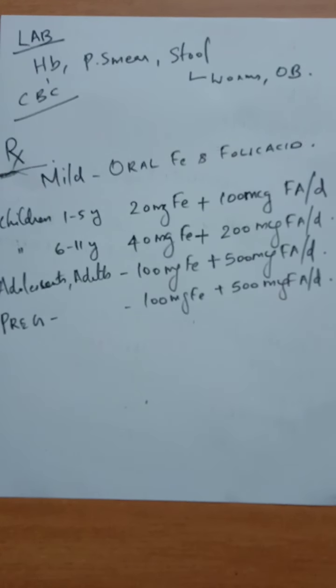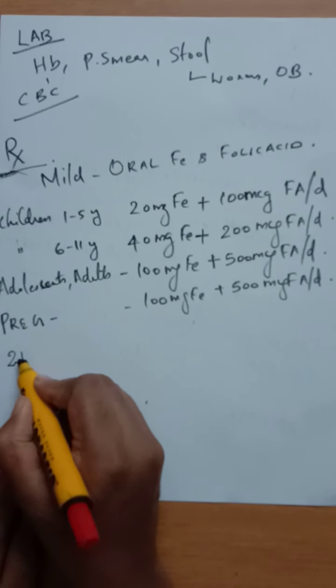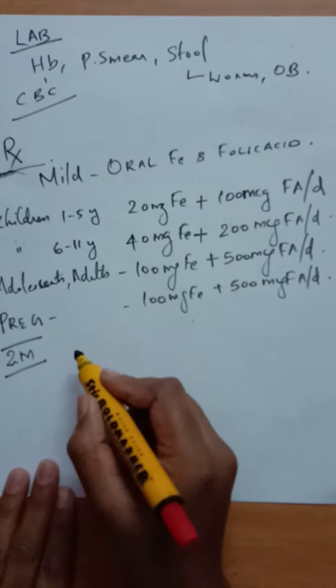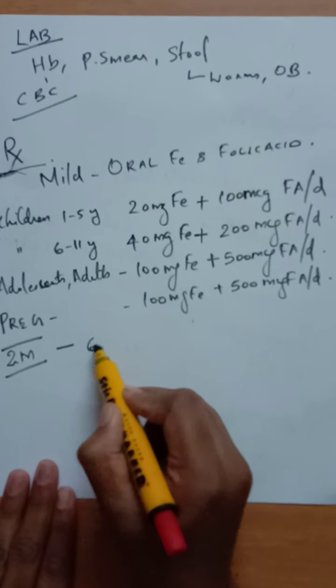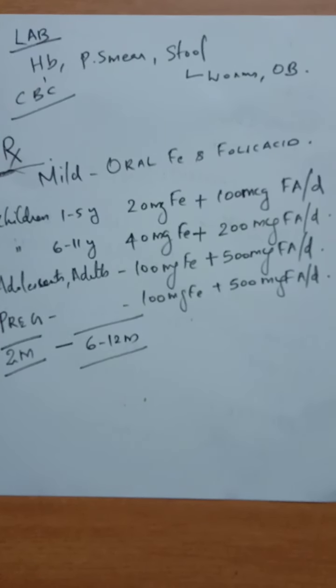And HB values should return to normal within 2 months of starting oral iron therapy. So minimum it takes 2 months for improving the HB values. But iron supplementation should continue for 6 to 12 months to replenish the body iron stores.